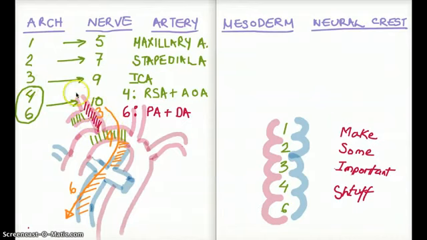Well, you can use this pattern of thinking: common carotid comes from brachial arch 3. Internal carotid is derived from the common carotid. So the right internal carotid must also come from brachial arch 3.